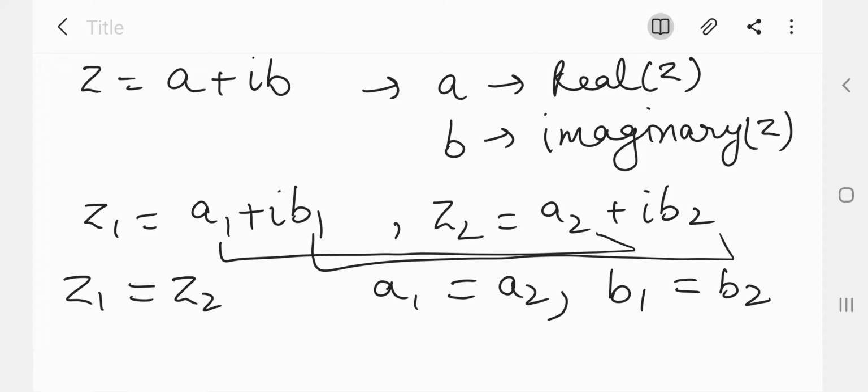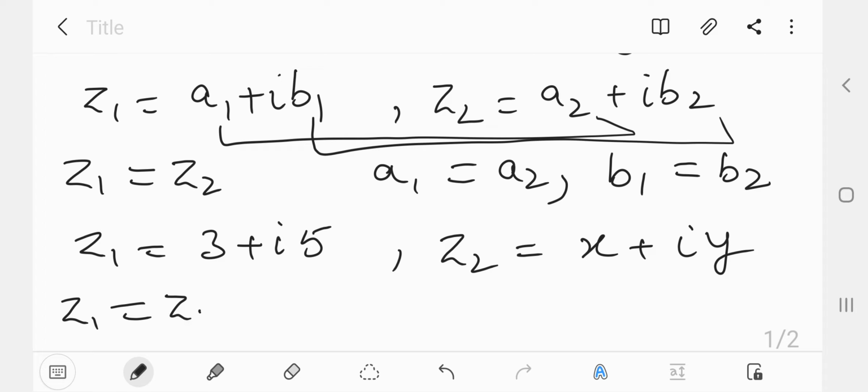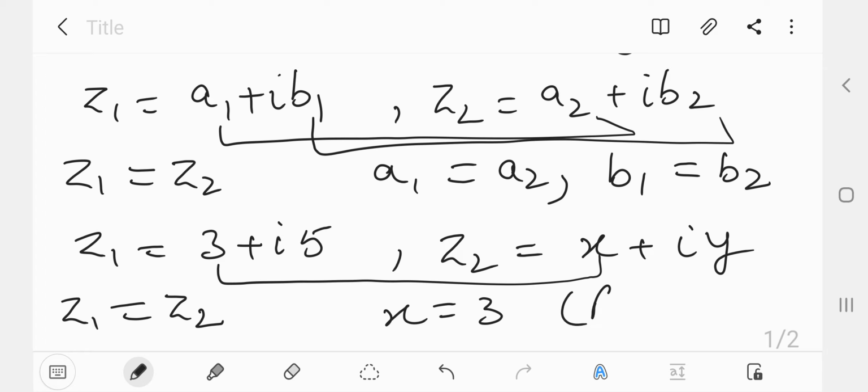For example, Z1 is equal to 3 plus iota 5 and Z2 is equal to x plus iota y. When we compare Z1 is equal to Z2, then take real part equal to real part, imaginary part equal to imaginary part.